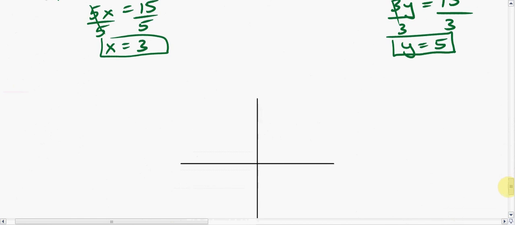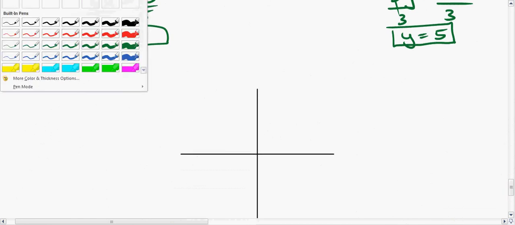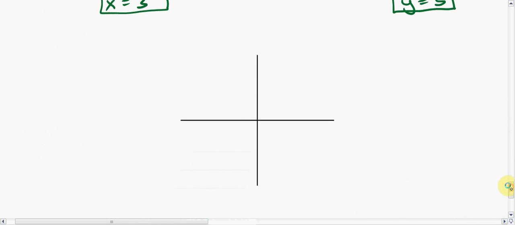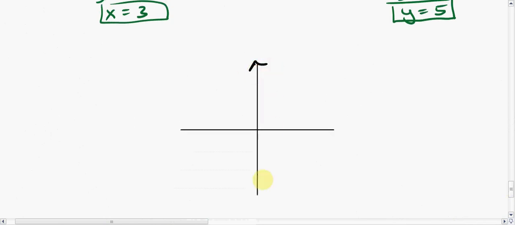So I'm going to come down and plot these intercepts in the xy coordinate plane. Here's my y, here's my x. I have an x-intercept at x equals 3, so 1, 2, 3.